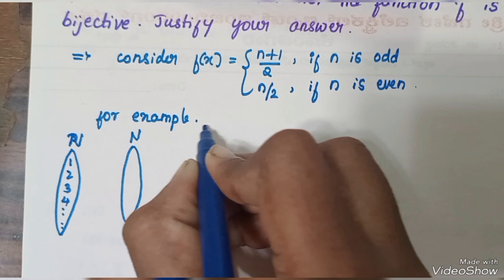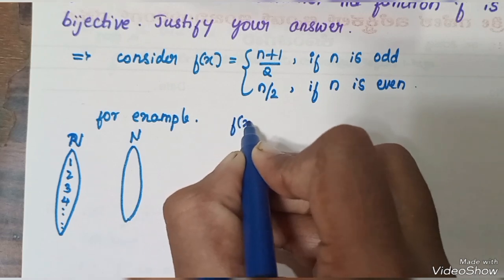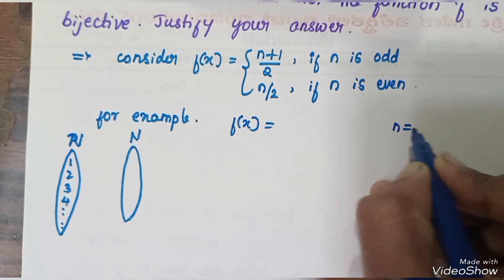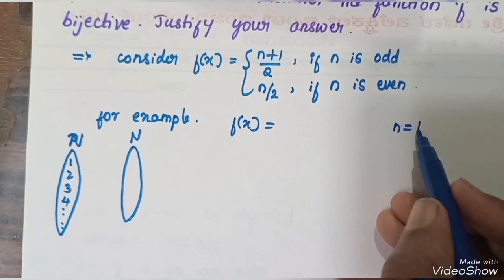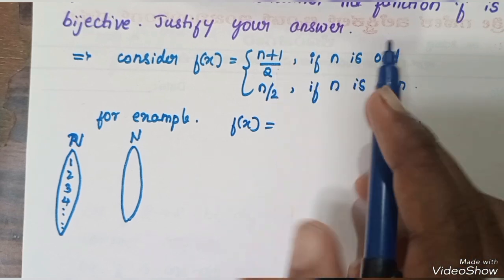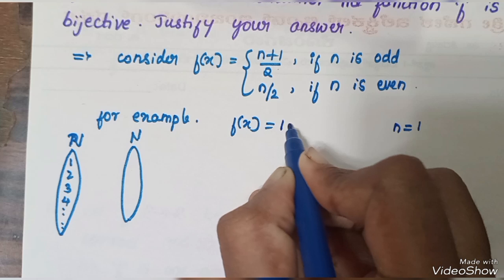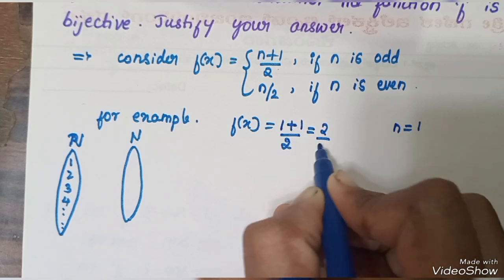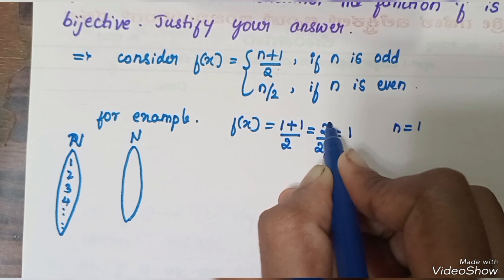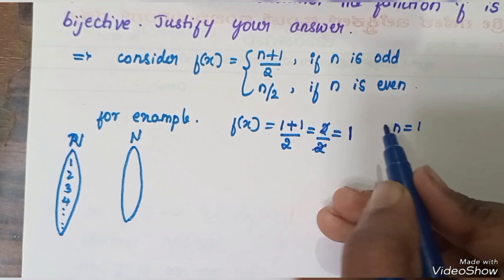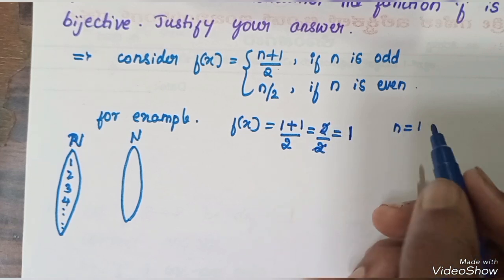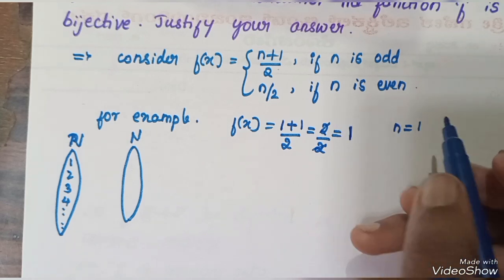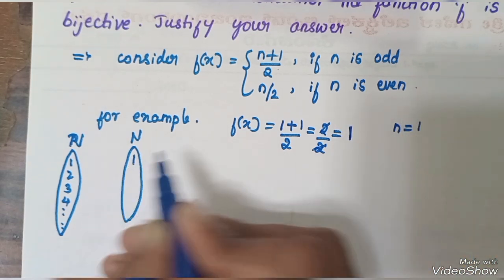Now f(x), taking n = 1. n = 1 is an odd number, so we use the value 1 here: (1 + 1)/2 = 2/2. The 2 gets cancelled. Here f(x) = 1. When we substitute n = 1, we get the image 1.